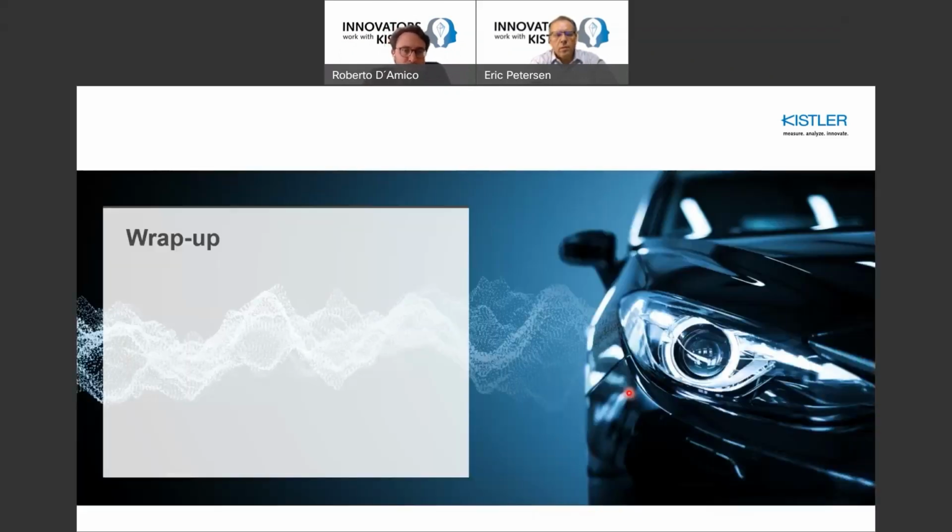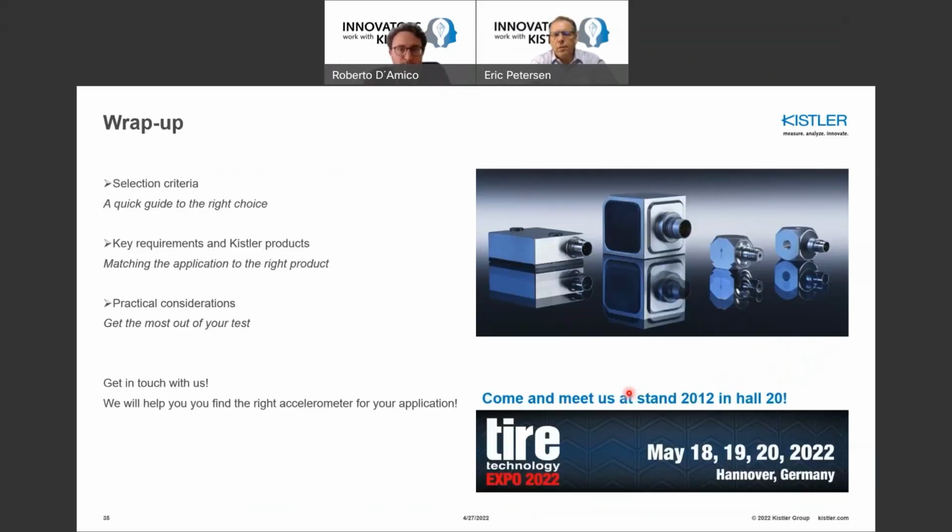Good, then we come to the wrap up. What we have seen together today is first of all some selection criteria. My goal here was giving you an overview of the key parameters you should look at to make the choice for the right accelerometers.